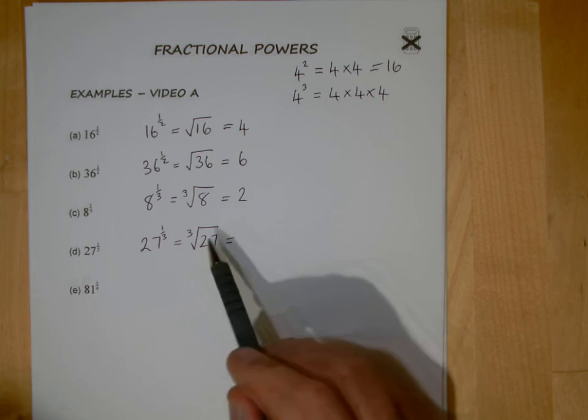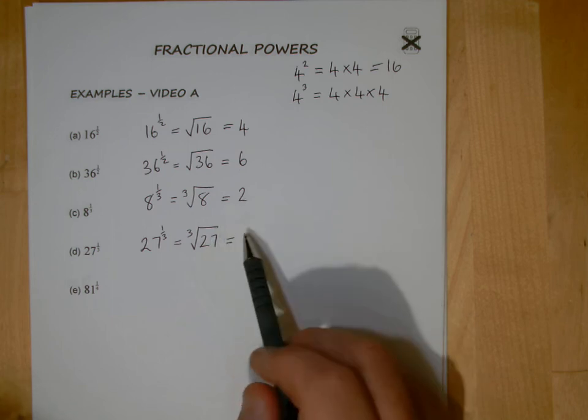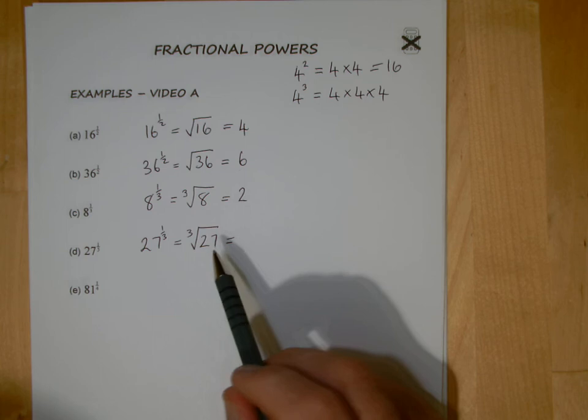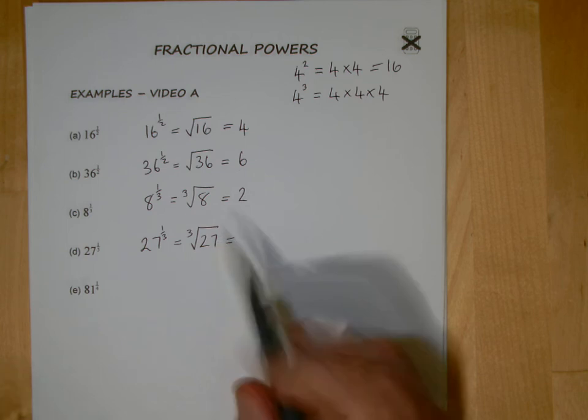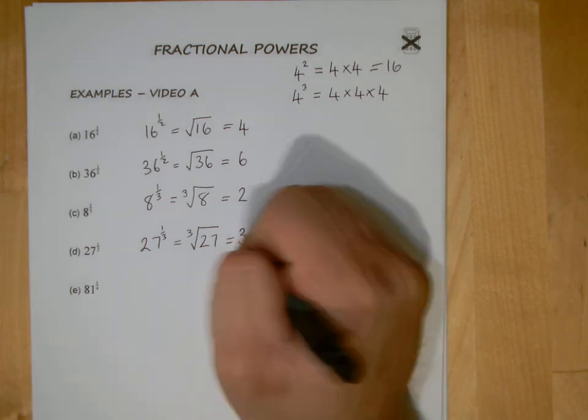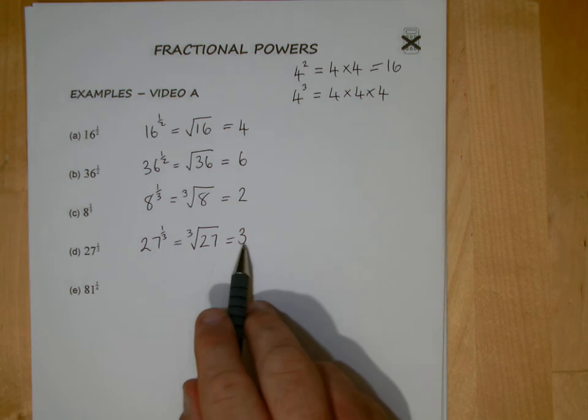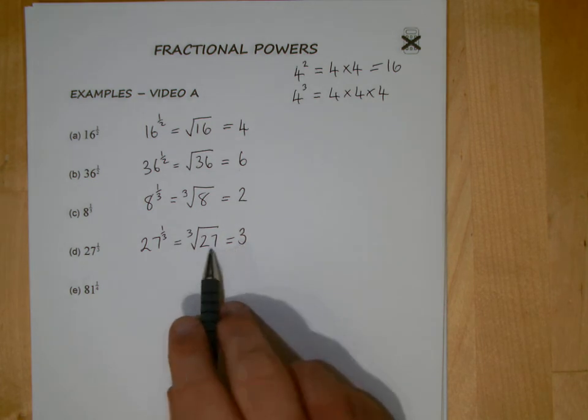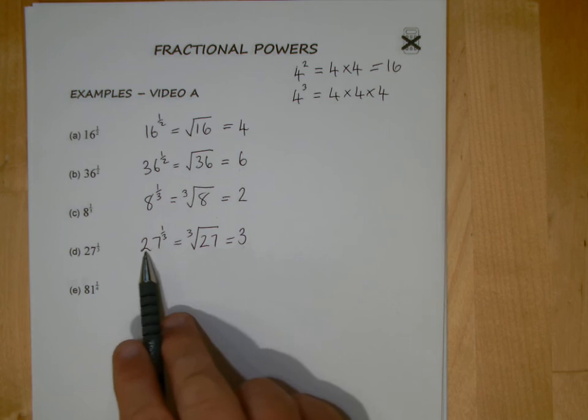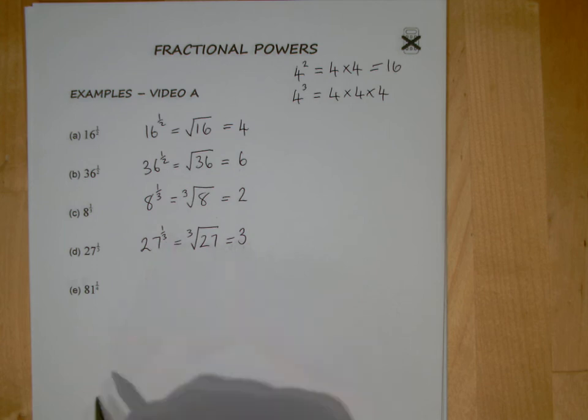So that's no good, it's too high. So it's going to be between 2 and 4. So let's try 3. 3 times 3 is 9, times 3 is 27. So the cube root of 27 is 3. In other words, you times 3 by itself and by itself again, you get 27. So we can write 27 to the power third as 3.